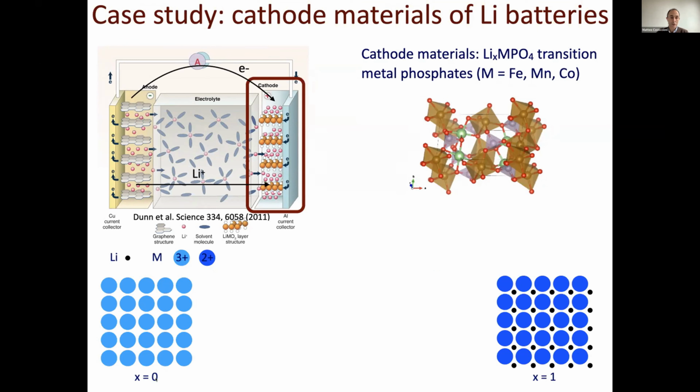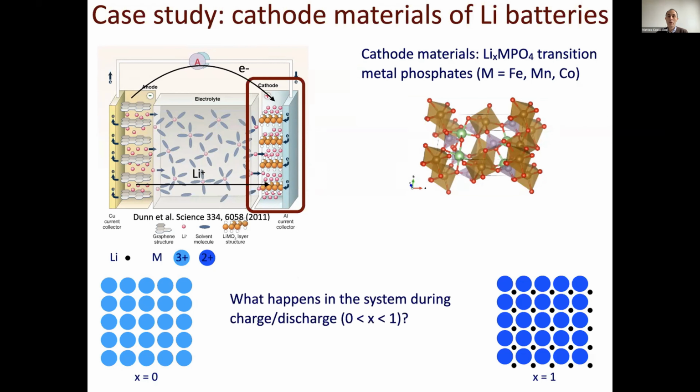Okay, so we start from a situation like this where we have the fully charged battery and the fully delithiated cathode material with all light blues and no lithium in the structure. We end up when the battery is fully discharged with all the lithium in the cathode and all the transition metals basically in the 2+ states. Okay, so these little balls actually represent lithium, nominally plus.